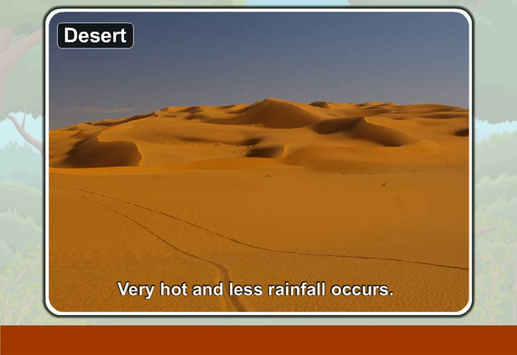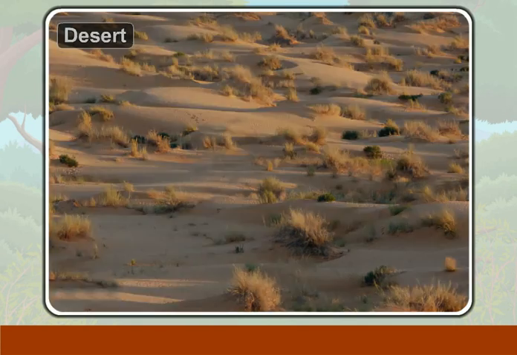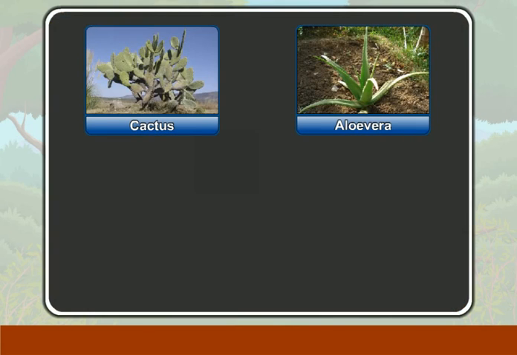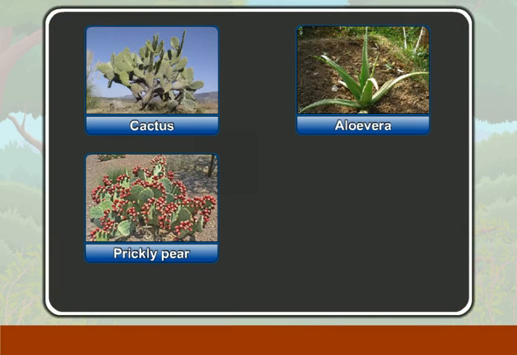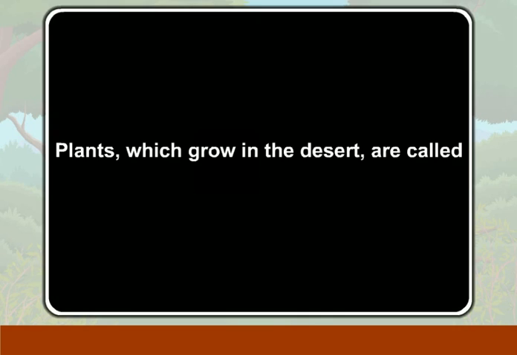Due to less rainfall, only a few plants can grow in the desert. Plants like a cactus, an aloe vera, a prickly pear, and a euphorbia grow in the desert. Plants which grow in the desert are called xerophytic plants.